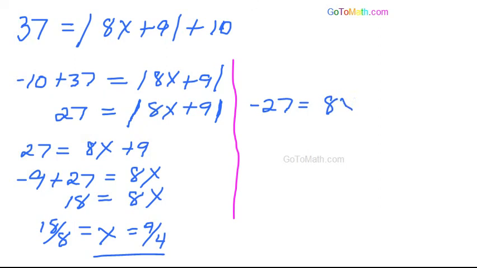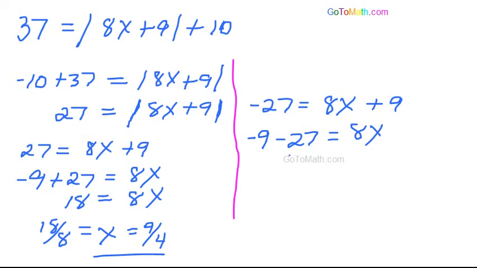So we have 8x plus 9. Go ahead and take that 9 to the other side. And because it's positive, take it to the other side and make it negative. Minus 27 is equal to 8x.